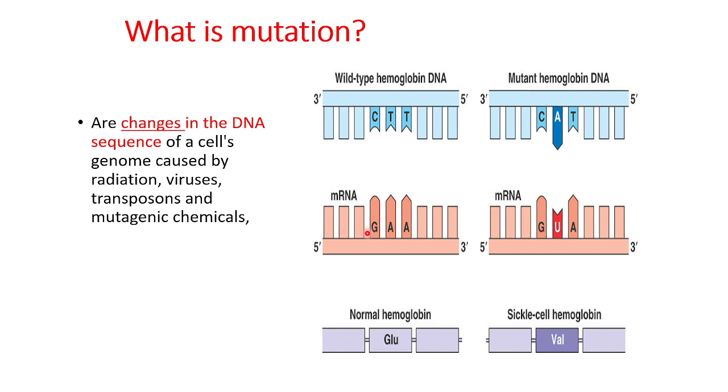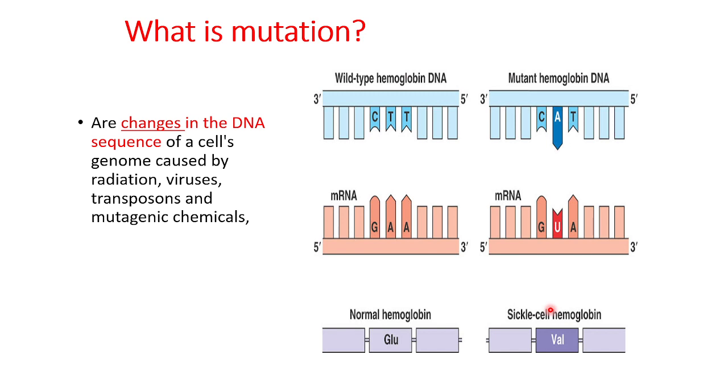So what happens over here? There is only a single mutation which is occurring, that is your thymine is getting converted to adenine, and in the same way the mRNA sequence changes and there is a change of codon, the triplet codon, and then you will observe a change in the protein.